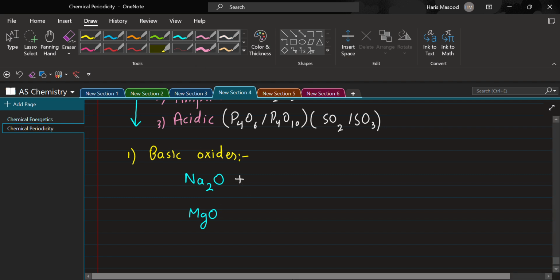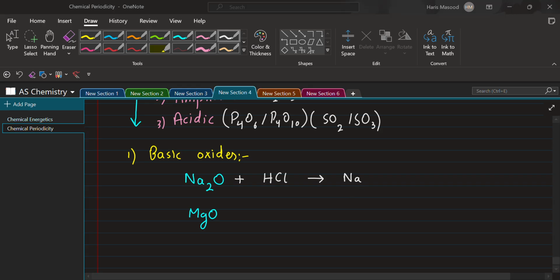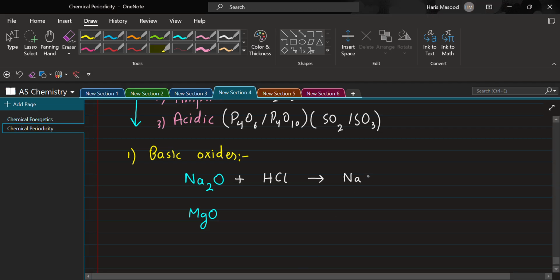Both will react with an acid because they are basic. For example, if we take HCl, NaCl and H2O is formed. This is aqueous, and this is water. So this is a neutralization reaction.